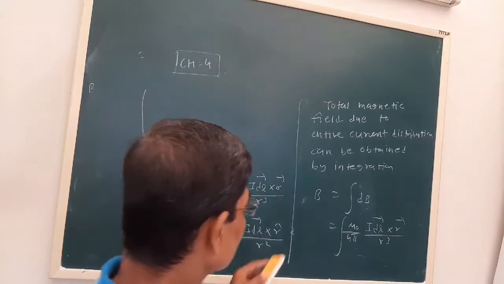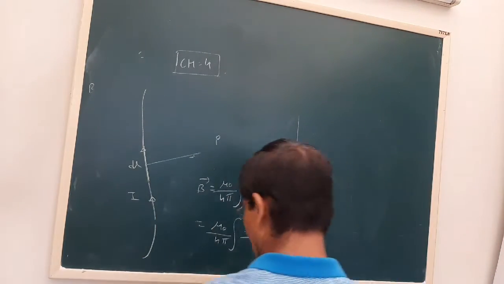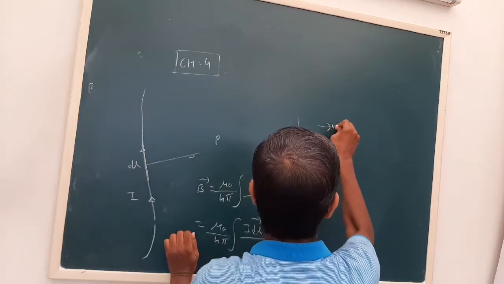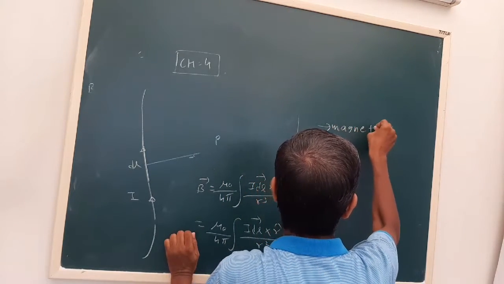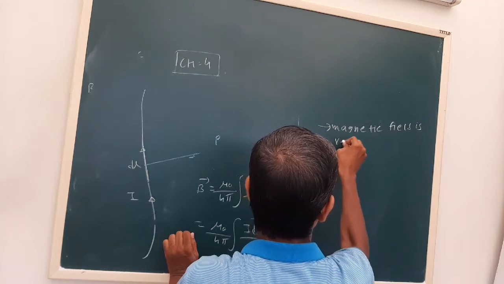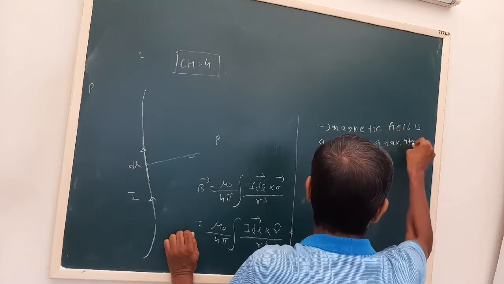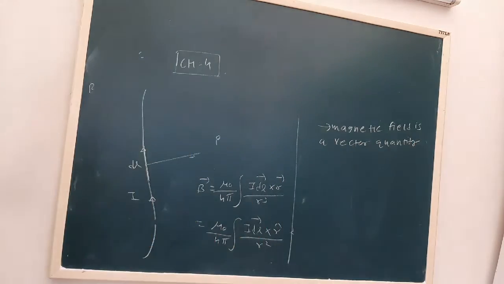Now see, the magnetic field is a vector quantity, so it has both magnitude and direction.